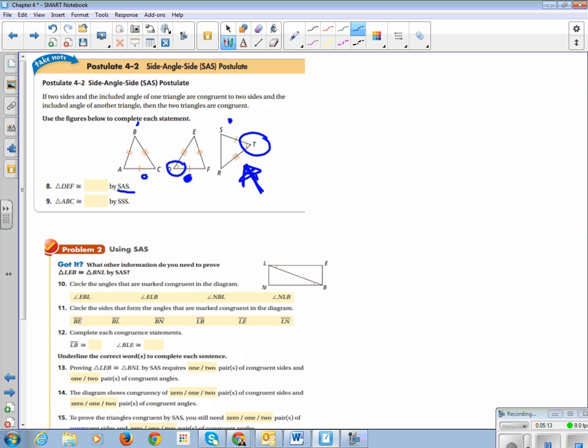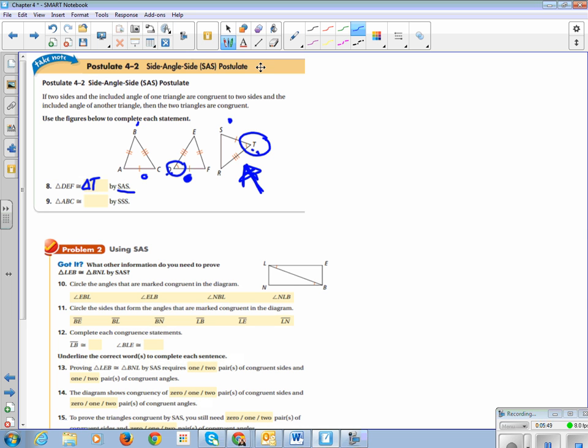So triangle DEF is congruent to triangle, and I have to watch my order. T has the one with the angle, so that's going to go with T. D and T go together.